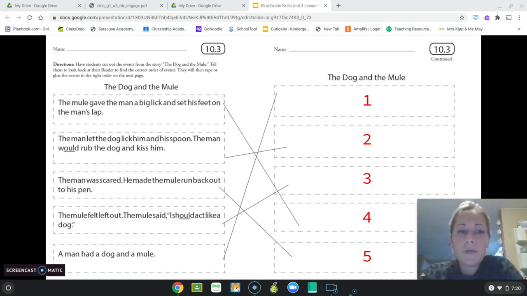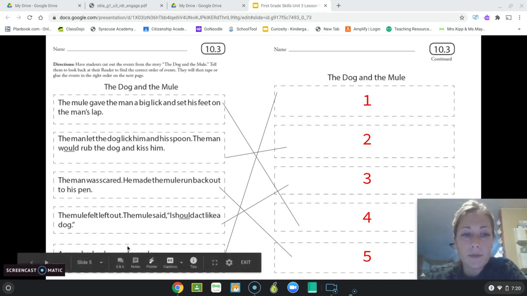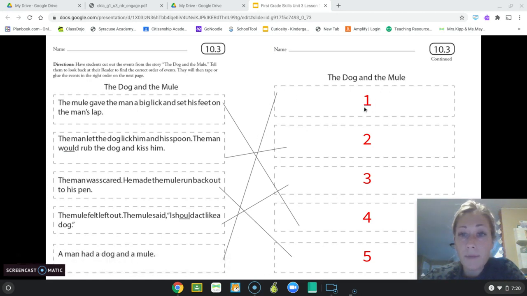So what we want to do is put these events in order, how they happened in the story. So first, we have the last one, right? A man had a dog and a mule. That's this one down here. So I drew a line up to number 1 because that is what happened first.